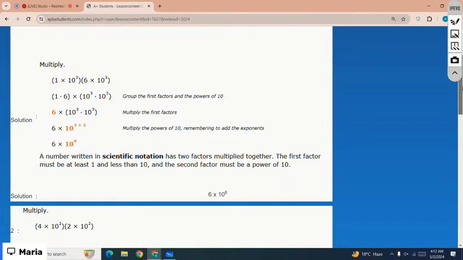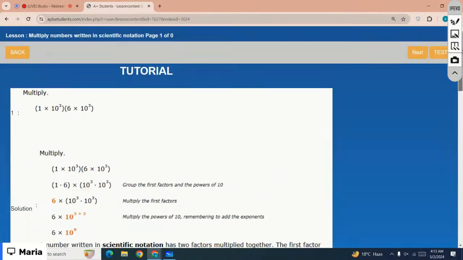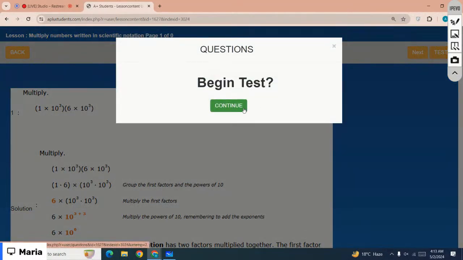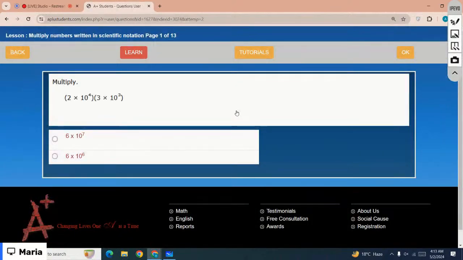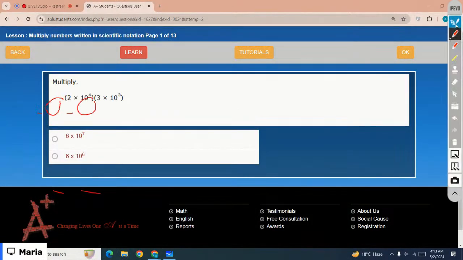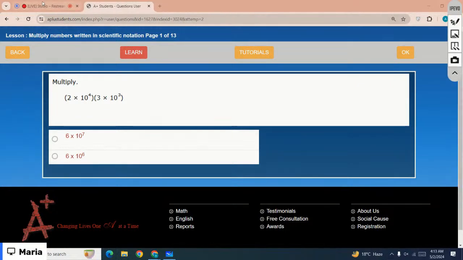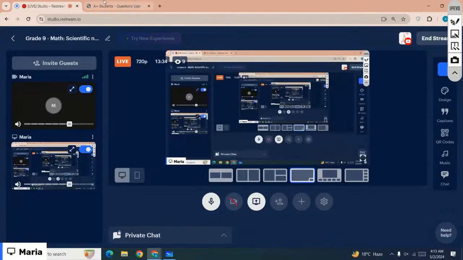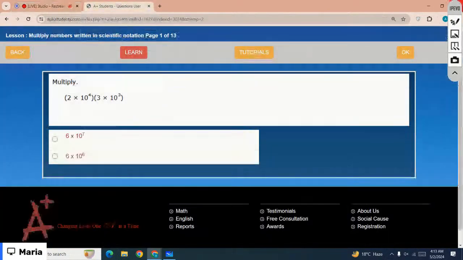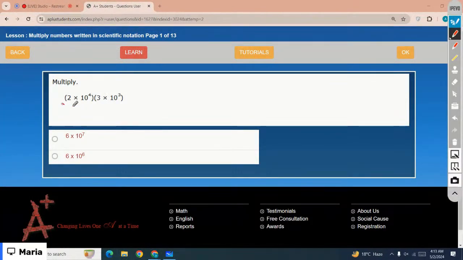Okay, let's start with the test questions. Multiply. So how do we multiply? You need to do 2 times 3 and 10 exponent 4 times 10 exponent 3, right?